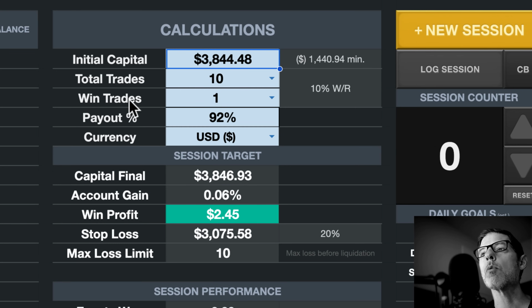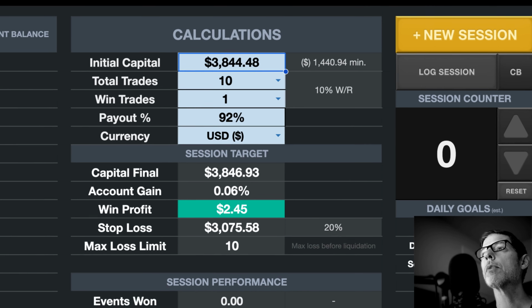You can see for win trades I have 1, and for total trades I have 10. This just means that I only need to win 1 out of 10 trades to be successful and to stay in profit, because I think that's what a lot of you guys are after: you want to stay consistently profitable. So this trade manager will allow you to do that, okay?